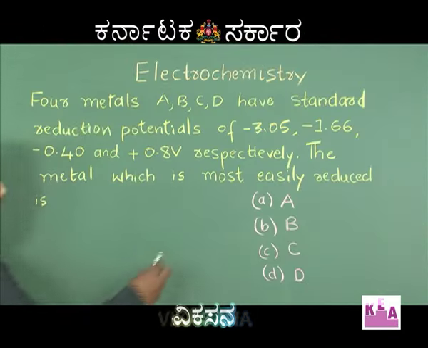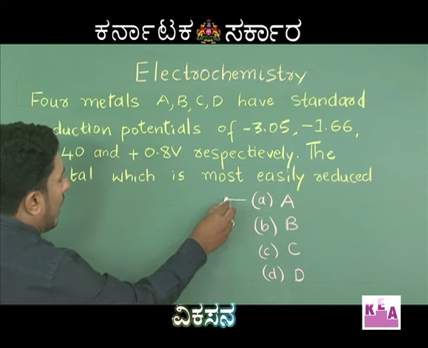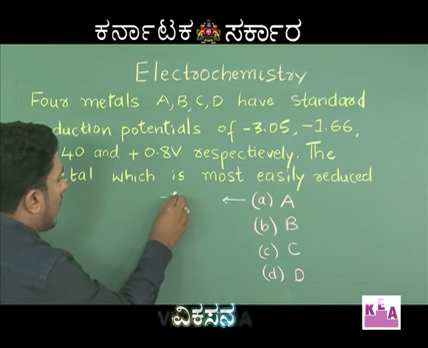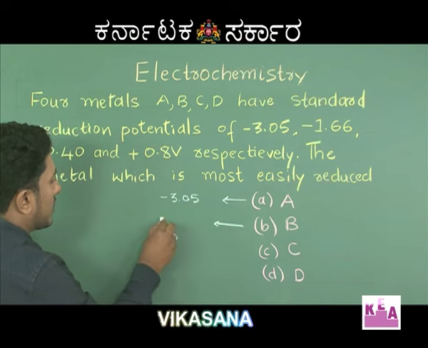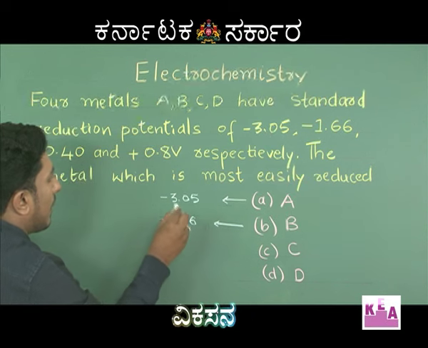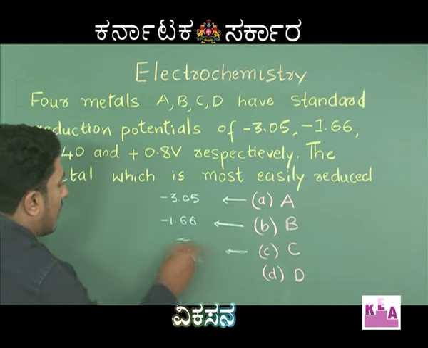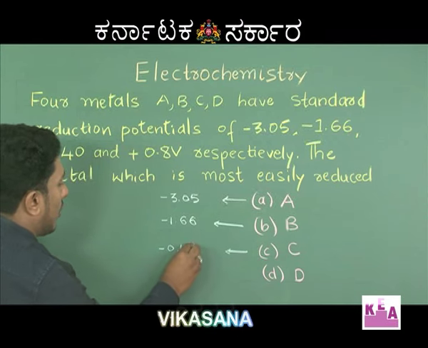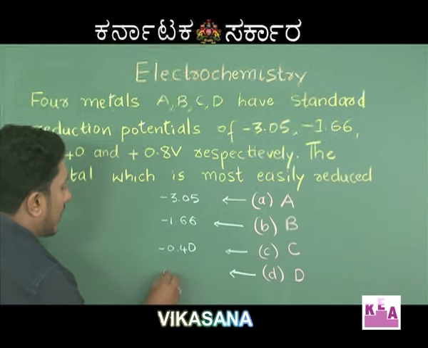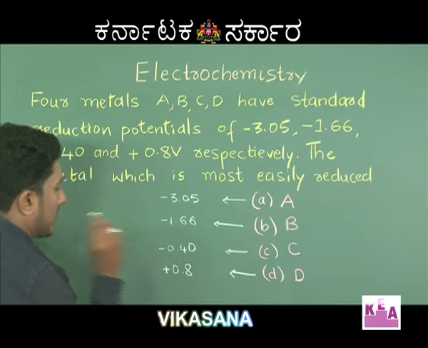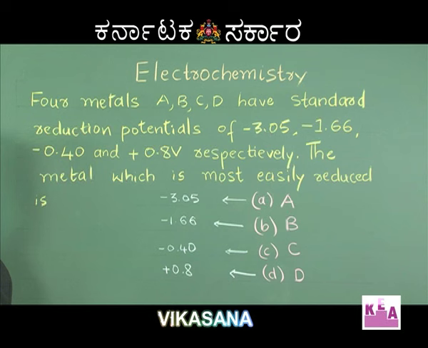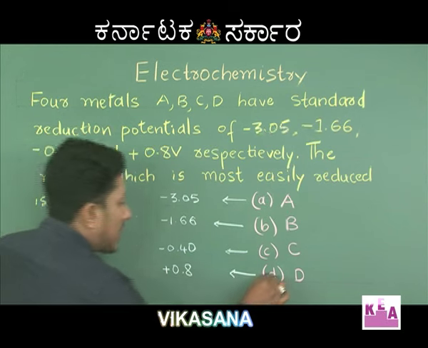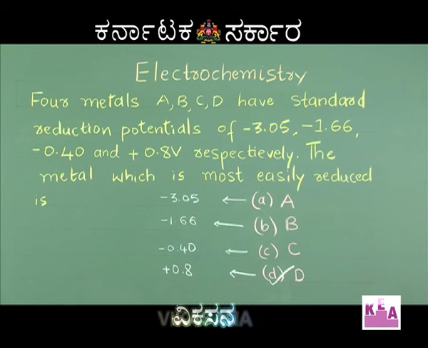If you compare the values, metal A has a reduction potential of minus 3.05, metal B minus 1.66, metal C minus 0.40 and metal D plus 0.8 volts. Out of all the four values, metal D has the highest reduction potential, hence it undergoes reduction easily. Hence option D is the right answer.